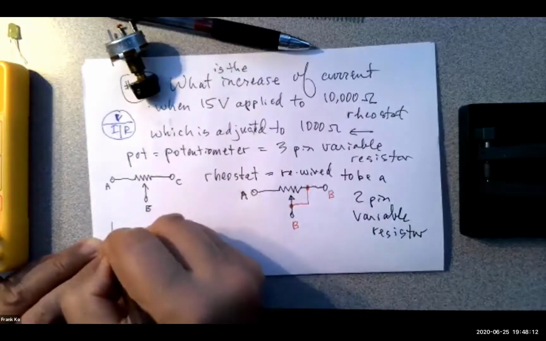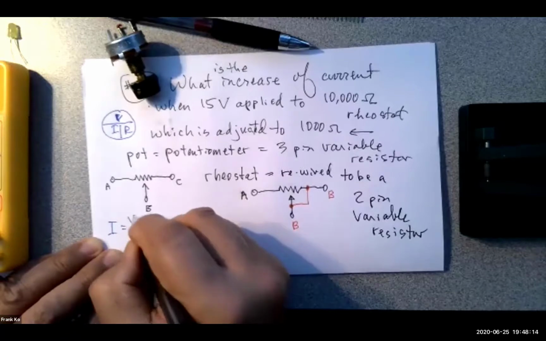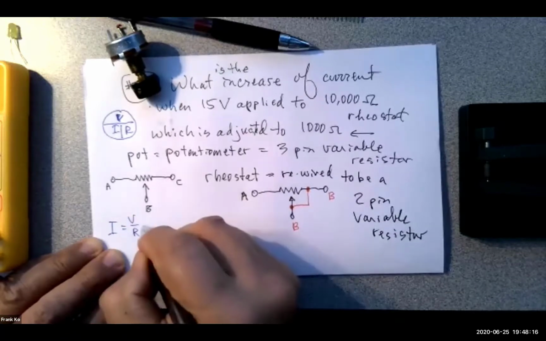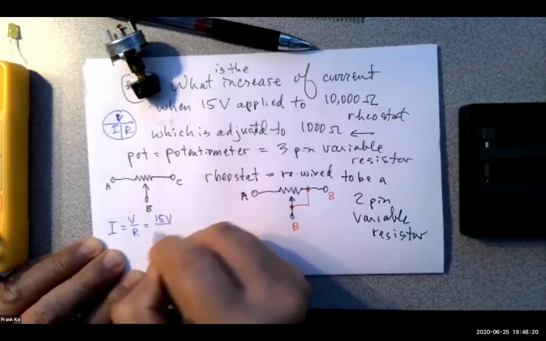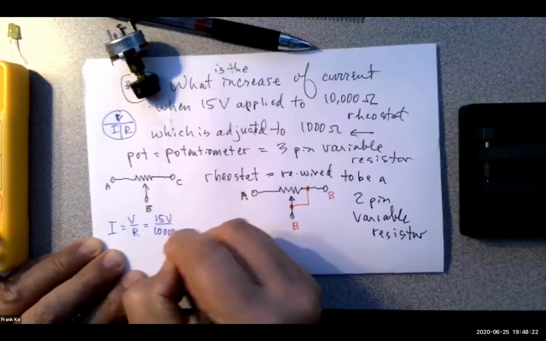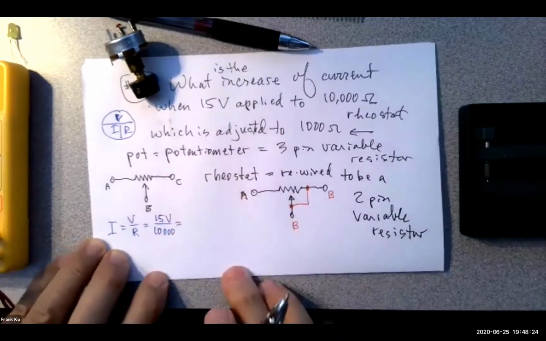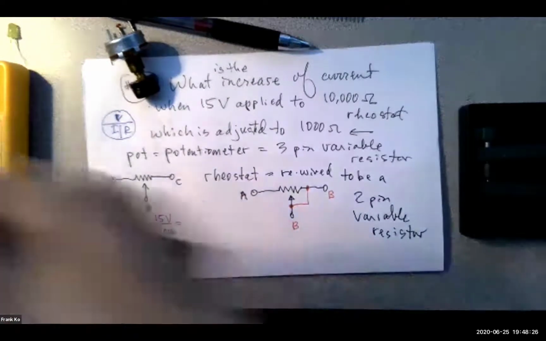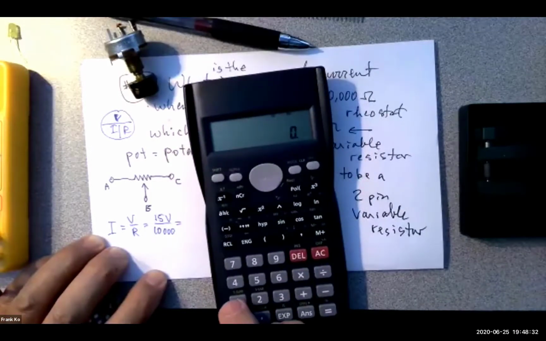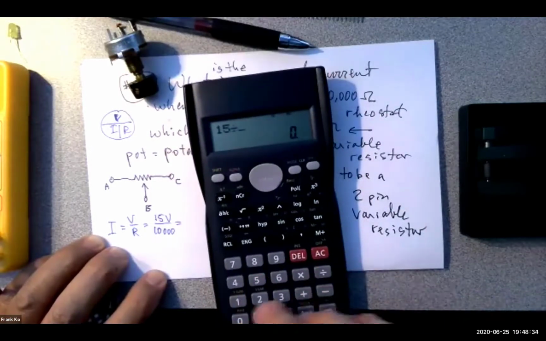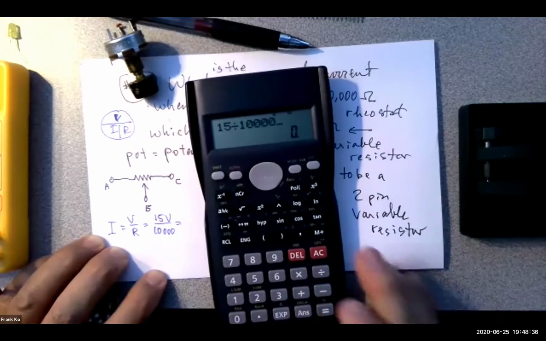So I is equal to V over R, yes? So initially, we have 15 volts over 10,000. Can we calculate the current of that guy right now, please? 1.5 milliamp. Mm-hmm.